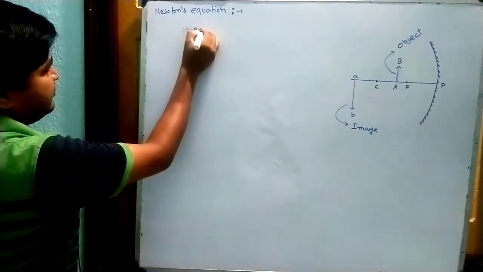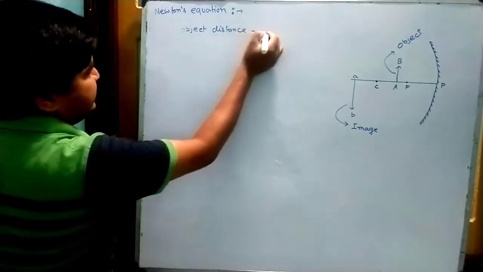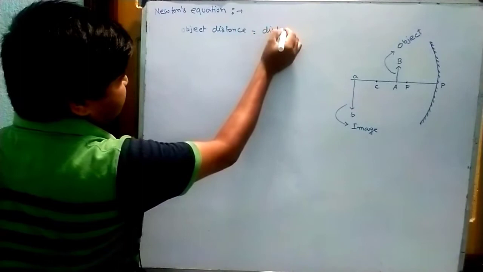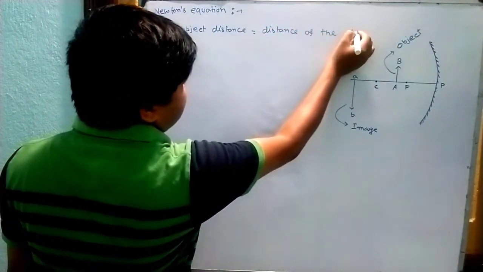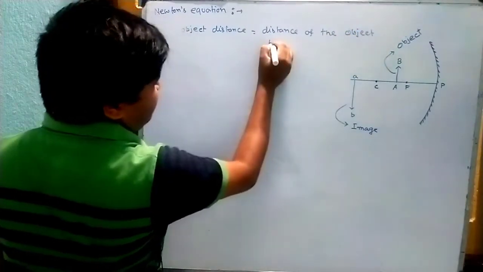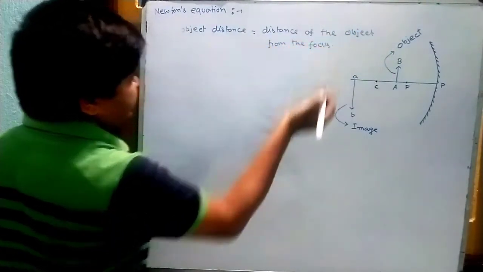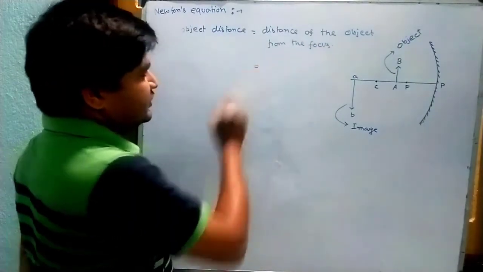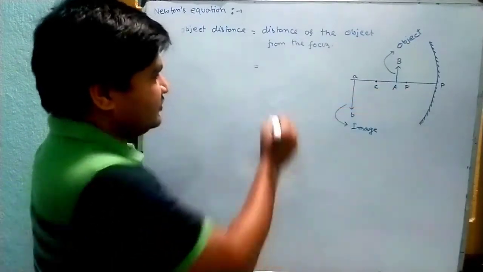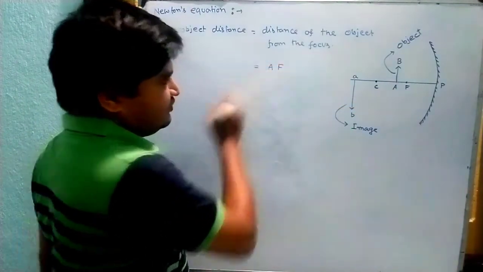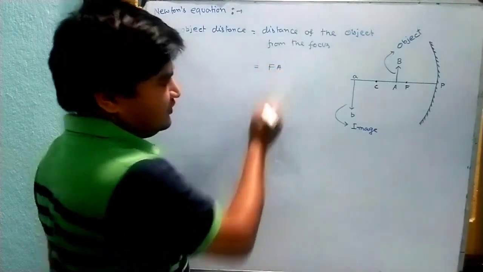So first, according to Newton, object distance is the distance of the object from the focus. So equals to distance of the object from the focus, that is AF or FA.